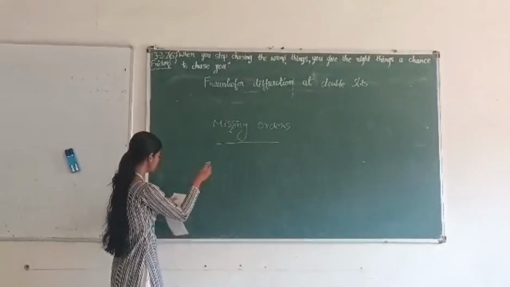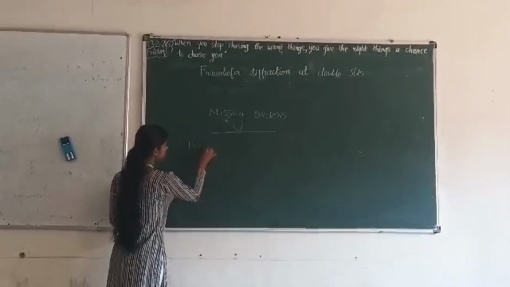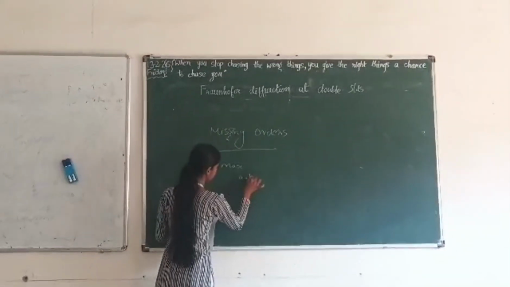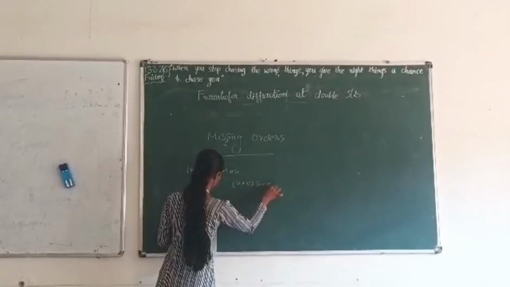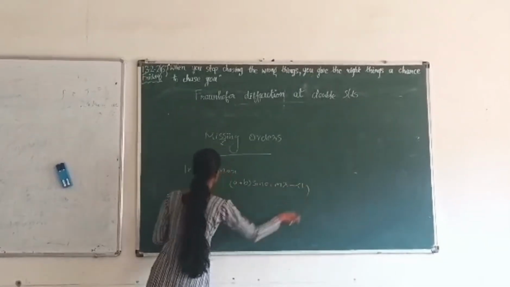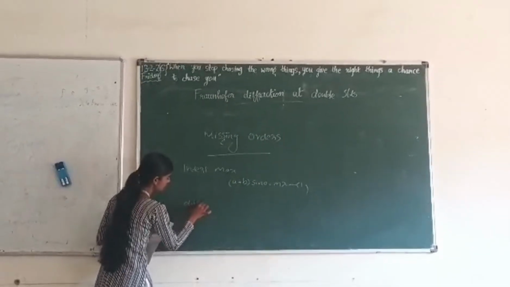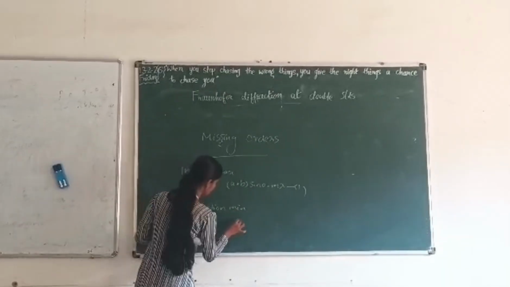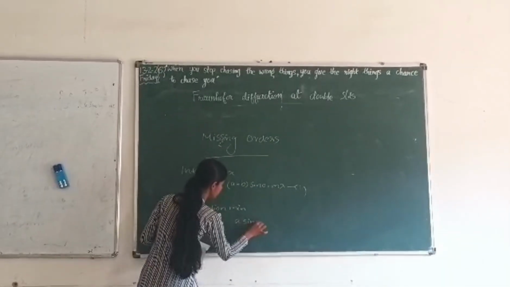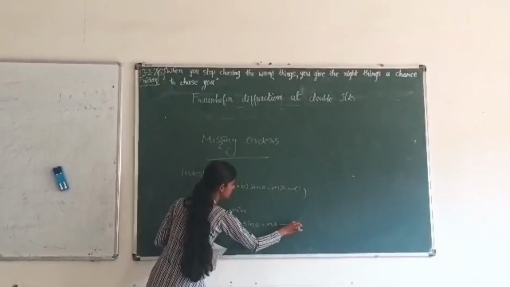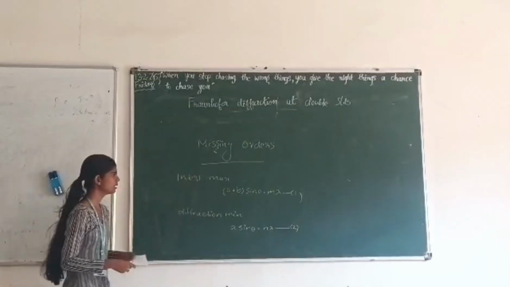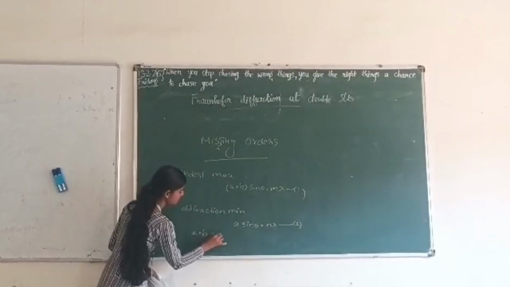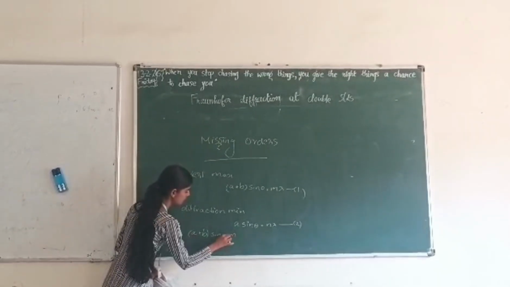So for some values of theta, there is an interference maximum, a plus b sin theta equals n lambda, and a diffraction minimum, a sin theta equals m lambda.